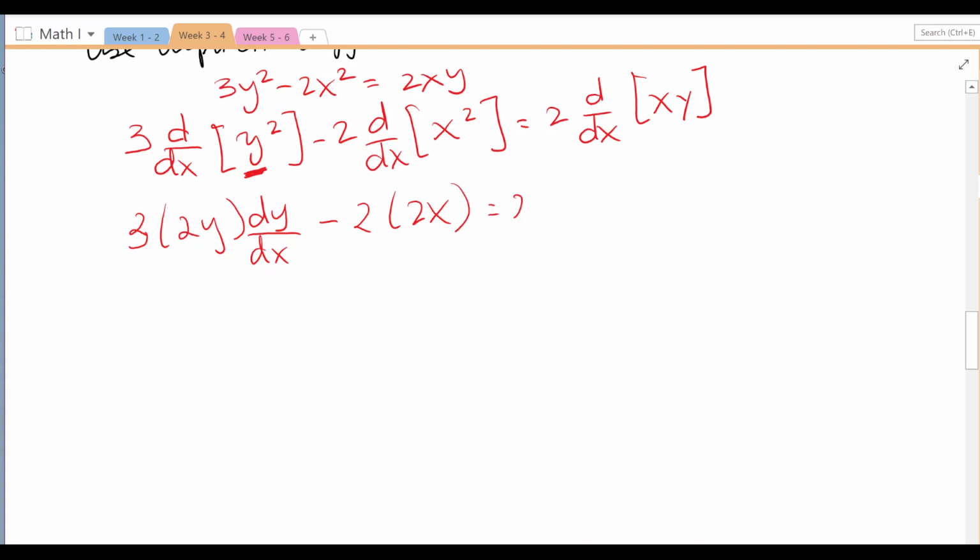Equals, so on the right hand side here we need to apply the product rule. Just like down here, by product rule. So take the derivative of the first term, which is x itself, so it becomes dx over dx times the second term y, plus take the derivative of the second term, which is dy/dx, so the second term is y itself, so dy/dx times the first term.